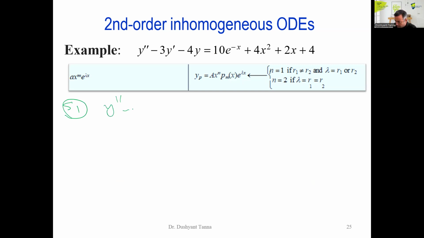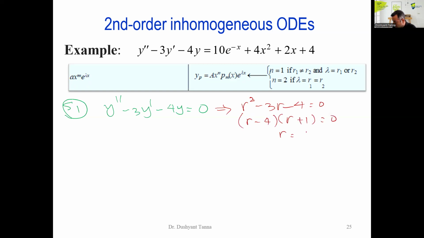We write y double dash minus 3y dash minus 4y is 0. I think this is a bit similar to what we had. Anyway, r squared minus 3r minus 4 is 0. R minus 4, R plus 1, R is 4, R is minus 1.